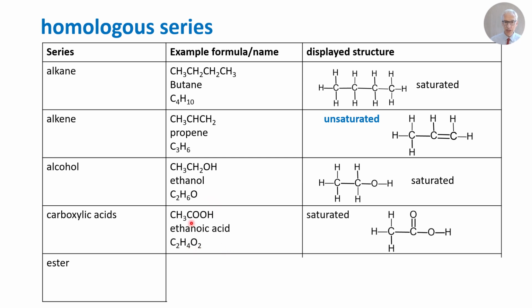Carboxylic acids contain the functional group carbon, double bond, oxygen, carbon, single bond, oxygen, hydrogen. Ethanoic acid, there are 2 carbons in the molecule, so ethan, and then as it's got the carboxylic acid functional group, oic acid is the name ending.